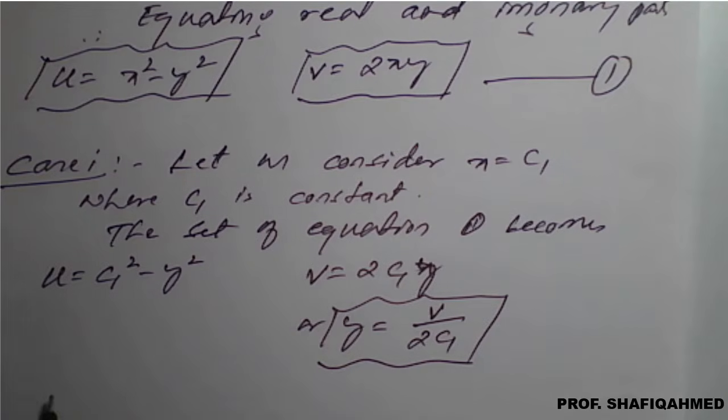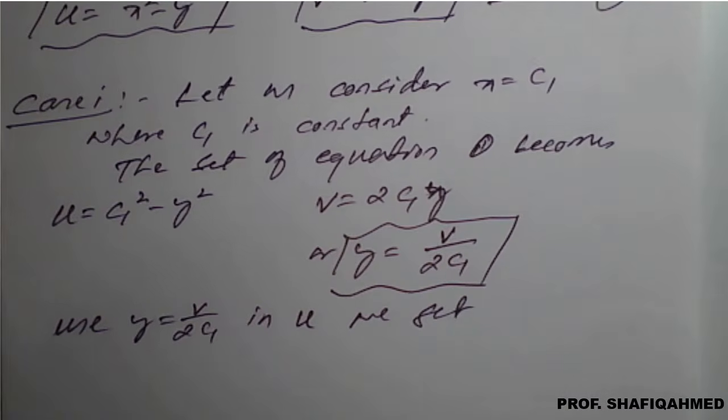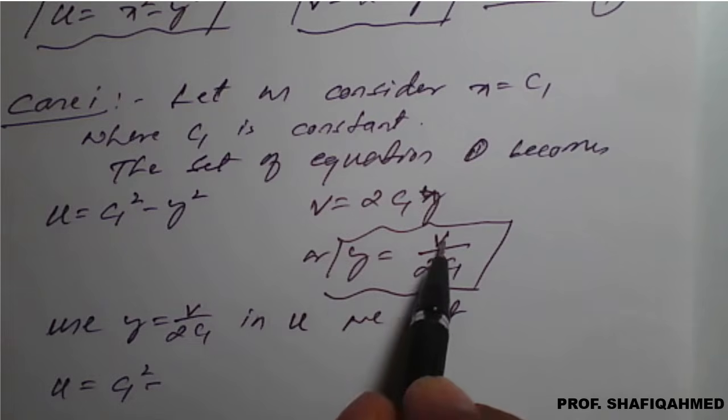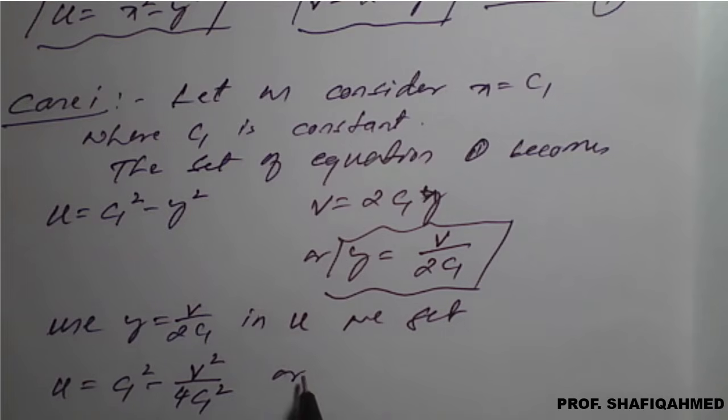Using y is equal to v upon 2 c1 in u, we get u is equal to c1 square minus, since y is v upon 2 c1, y square becomes v square divided by 4 c1 square.